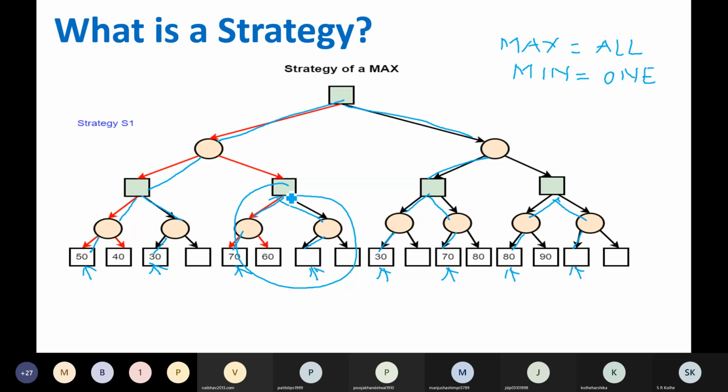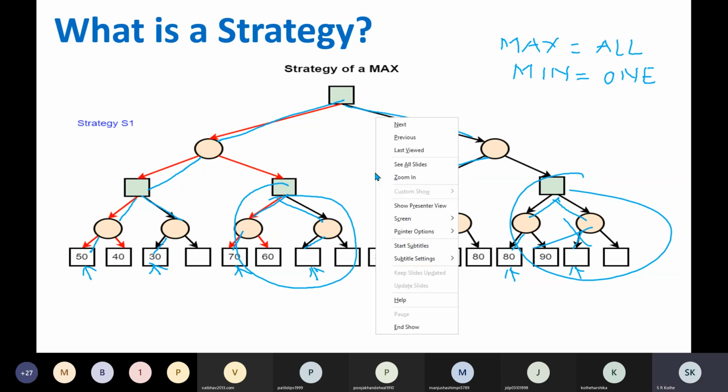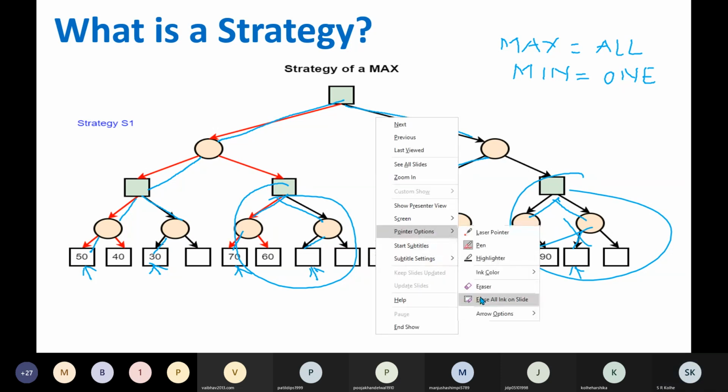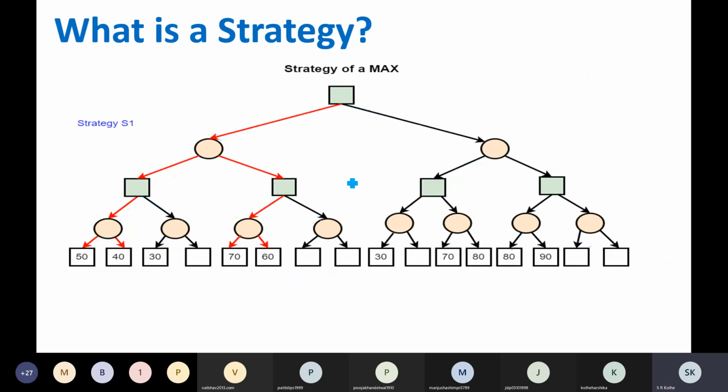Understood? Here also at max you selected both. Now at min only one. So only this part will be selected. This part will not be selected at all. So I should not have selected this, right?